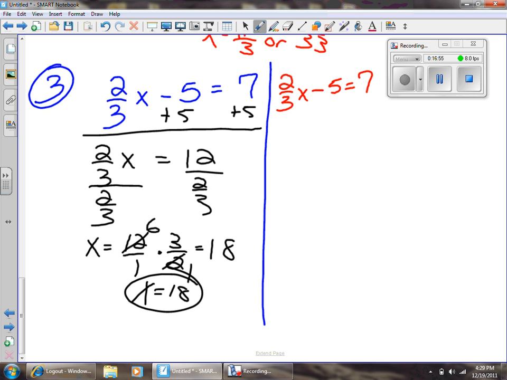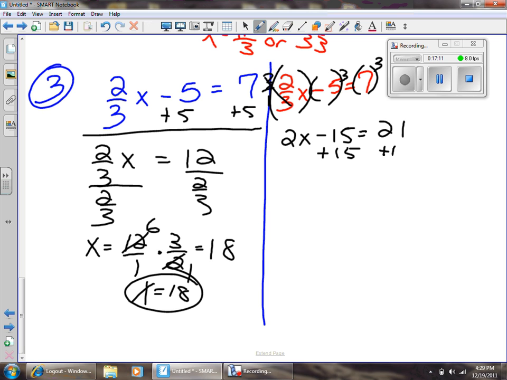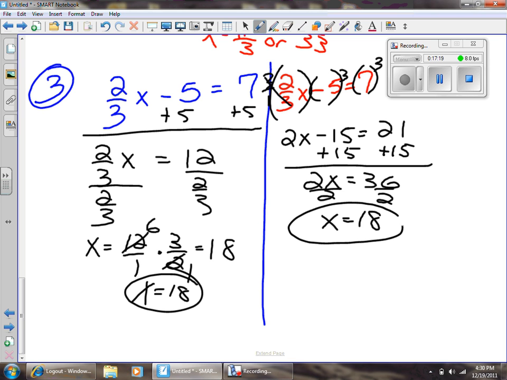If I choose to multiply everything through by 3 to begin with, those will cancel, giving me a 2x minus a 15, and that'll equal 21. I will add 15 to each side, getting 2x equals 36. I'll divide by 2. X will equal 18. I have to get the same answer no matter how I do it.